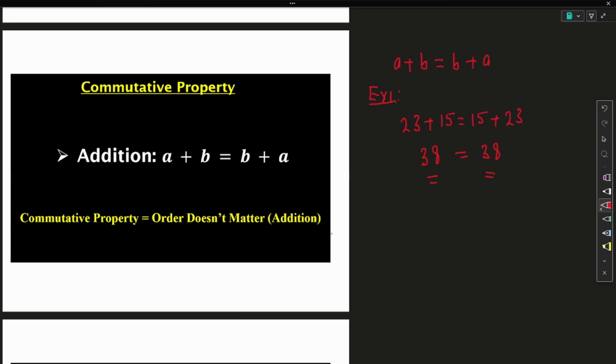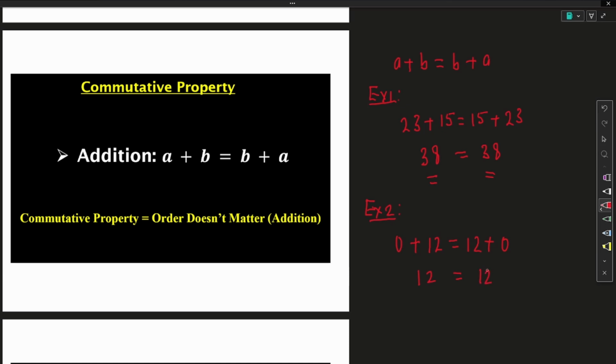Let's take another example. Example 2, 0 plus 12 is equal to 12 plus 0. Our answer here is 0 plus 12 is 12, equal to 12 plus 0 is also 12.